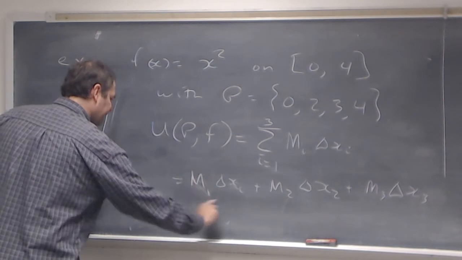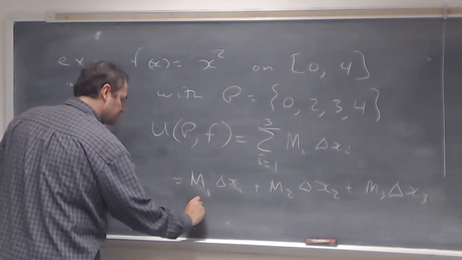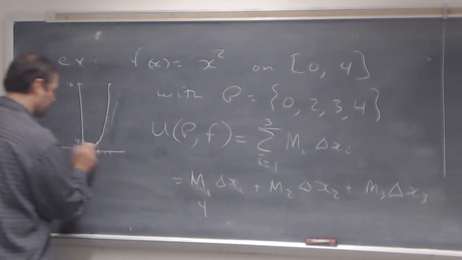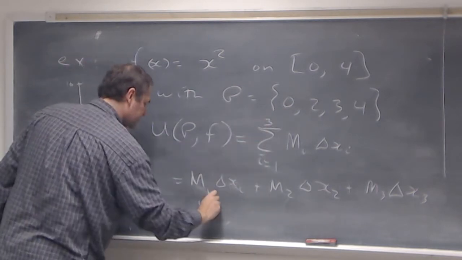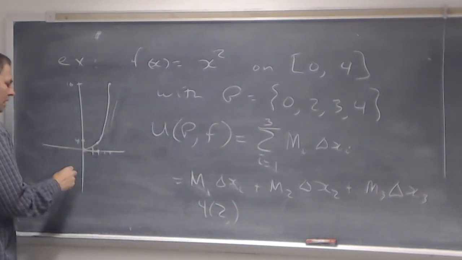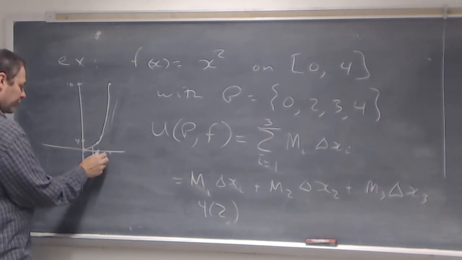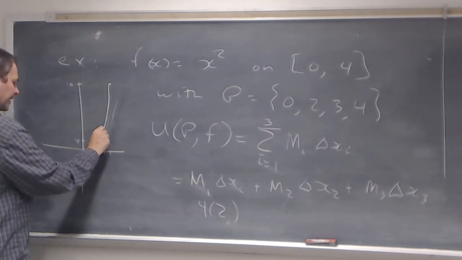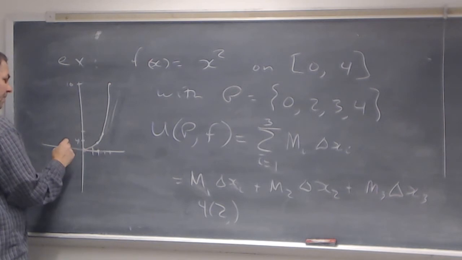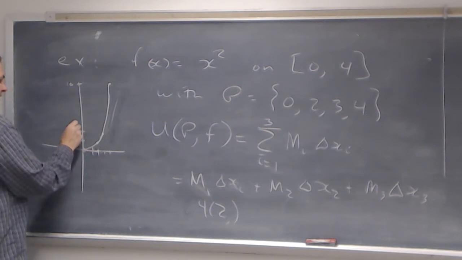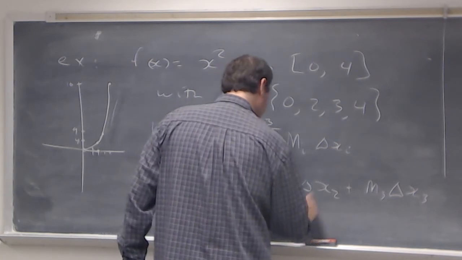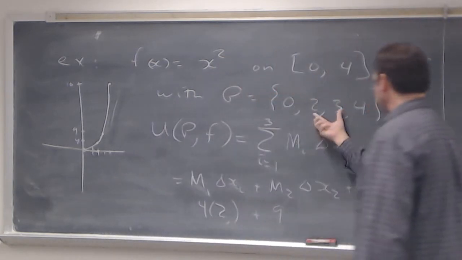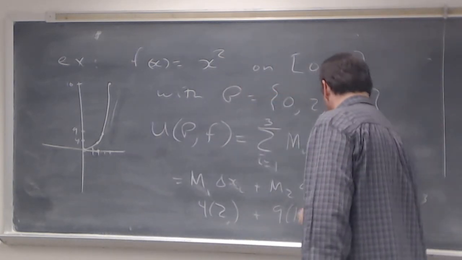The biggest output value on the first interval is 4, times delta x sub 1, the distance between 0 and 2, which is 2. Between 2 and 3, the biggest output value happens at f of 3, that's 9, times the width, which is 1.